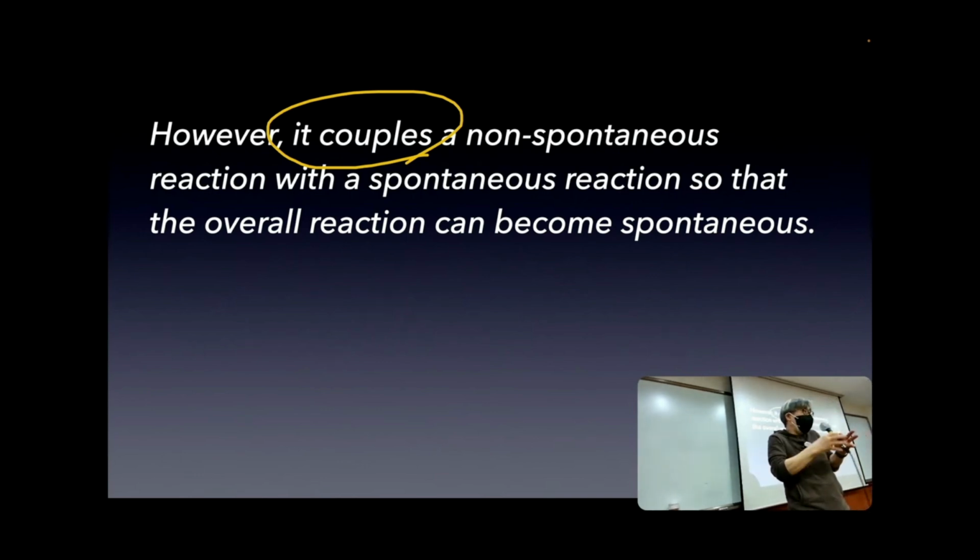So all it can do is bring one substrate which requires this non-spontaneous reaction, and on the other side, bring one chemical reactant which can go through a natural spontaneous reaction, and then make these two chemical reactions occur together at the same time.